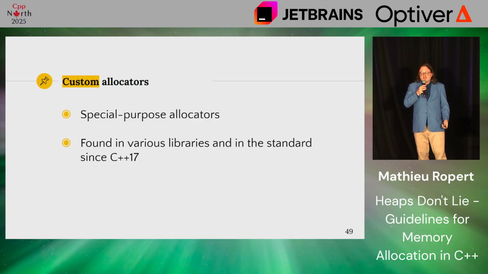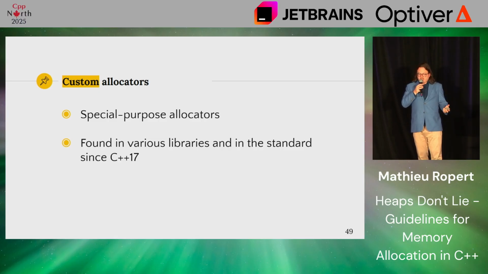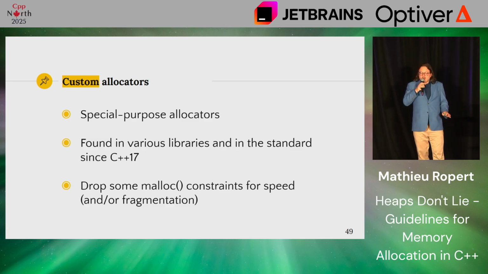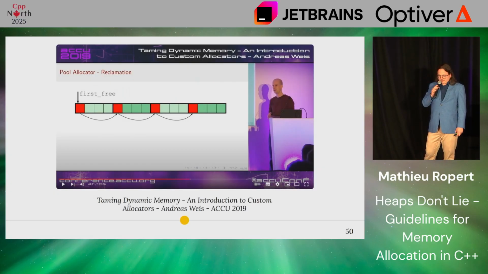You can decide what malloc does for a subset of types or allocations. One of the big ideas is that malloc has some constraints that I don't need, and if I throw them away, I can gain something out of it.